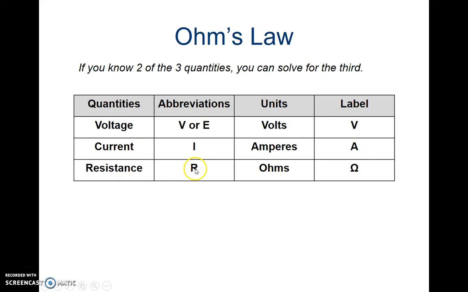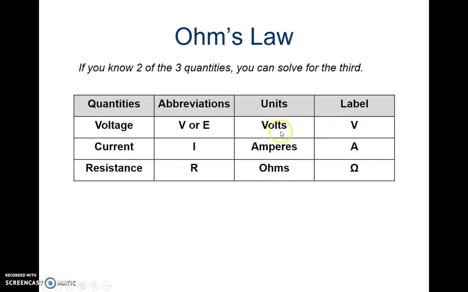Who knows why? It should be C in my mind, but we use I. And resistance is R. If you measured voltage, what unit would you put? Let's say you measured a battery and you got 9 volts. The unit is volt, so it's 9 volts. If you measured current in a circuit, your answer is going to be in amps or amperes. And if you measured resistance in a circuit, we know we're going to come up with ohms for our unit.